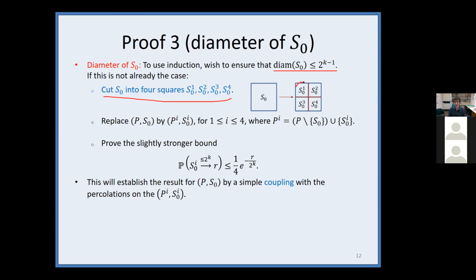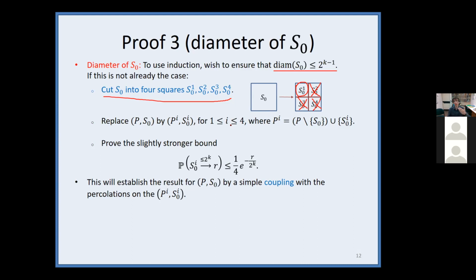First, you take this square, and you forget the other ones, you remove them, and you ask whether, when you take that square and remove the others, there is percolation to distance r starting from this square. If not, you ask whether there is percolation to distance r starting from that square or that square or that square.